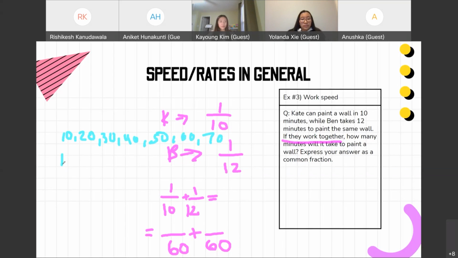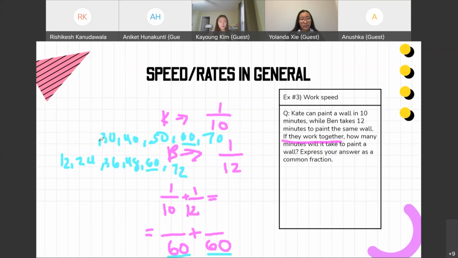For 12, it's 12, 24, 36, 48, 60, 72, and so on. And the least number that's in both of these lists is 60. So that's how you find the least common multiple. That's why this is right here. Does that make sense?